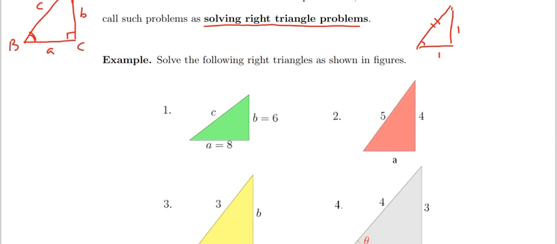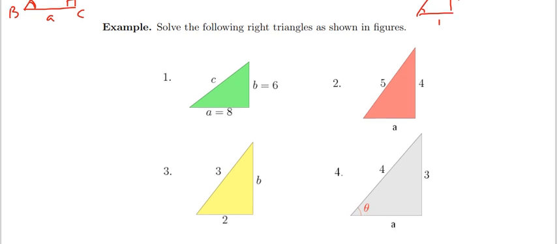So let's check those kinds of problems. We use graphs to indicate each problem. For problem 1, we know side A is 8, B is 6, and we want to find C. This side is 6, this side 8, find C. So we just use A squared plus B squared equals C squared.